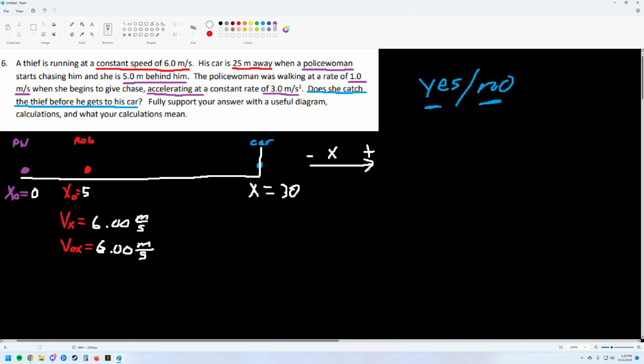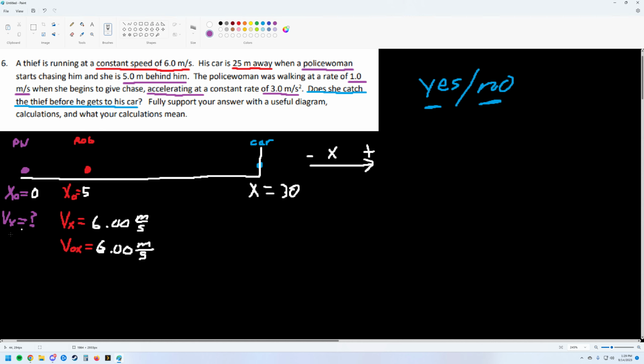Whereas Miss Lady, her initial velocity, well, let me do her final velocity. Well, we don't know her final velocity, right?